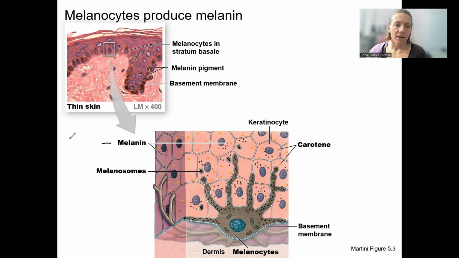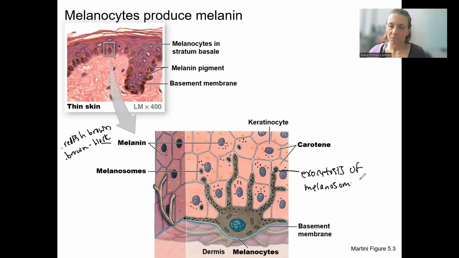So melanin can be reddish brown or brownish black or just brown. There's many different types, and that's one thing that influences different skin color. This is exocytosis. So exocytosis of melanosomes is occurring. Melanosomes are vessels full of melanin.